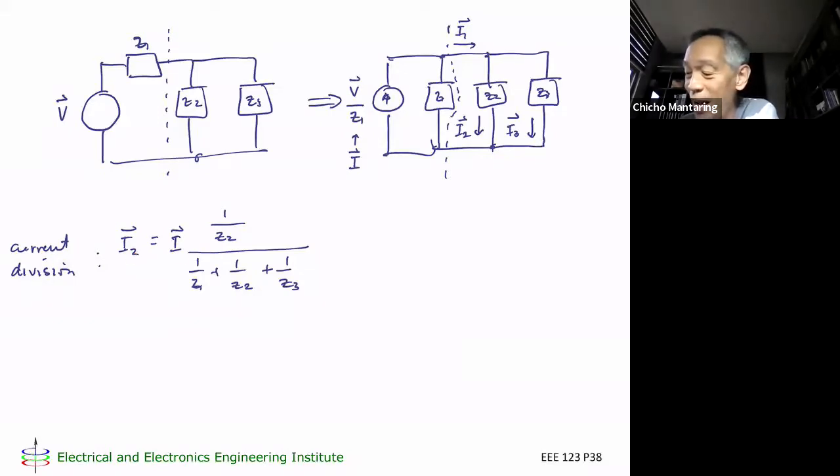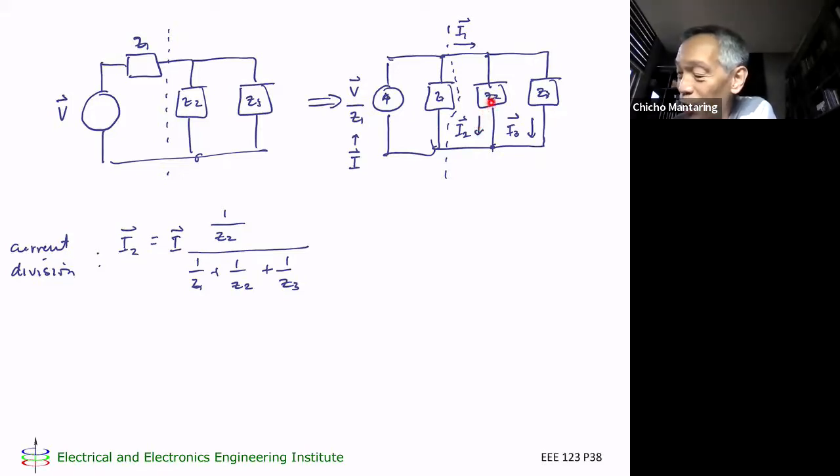So anyway, yun yung current division formula, no? I2 is equal to I, and then this is the admittance here, and then this is the total admittance. Okay? Because ito yan eh, no?